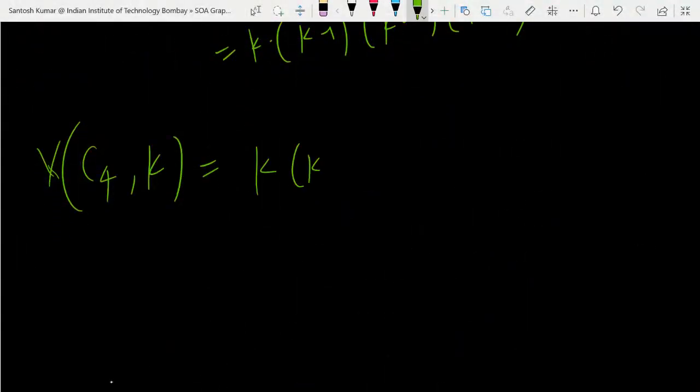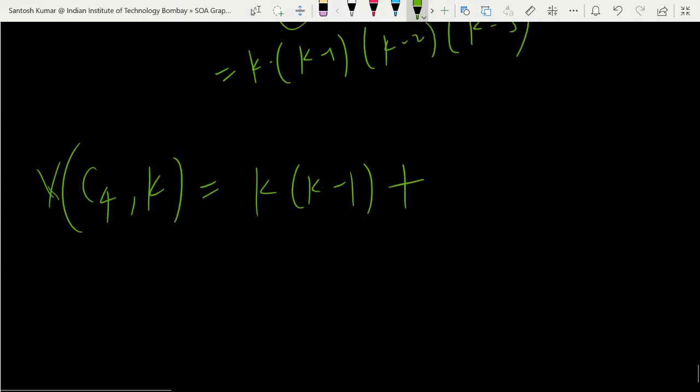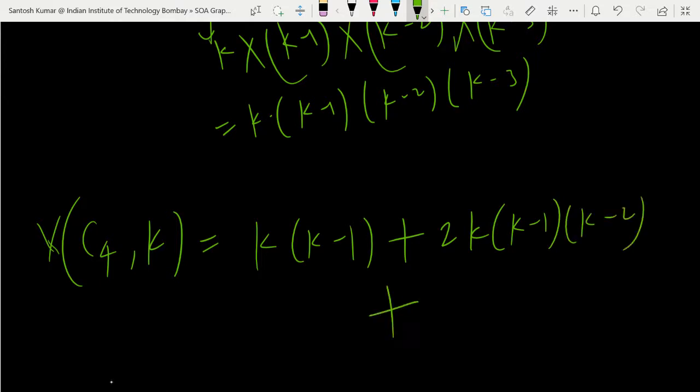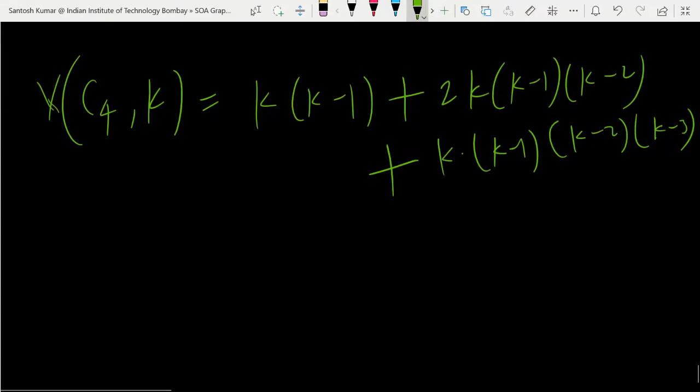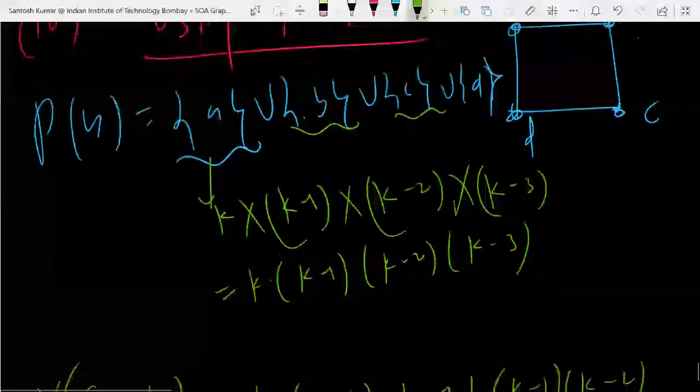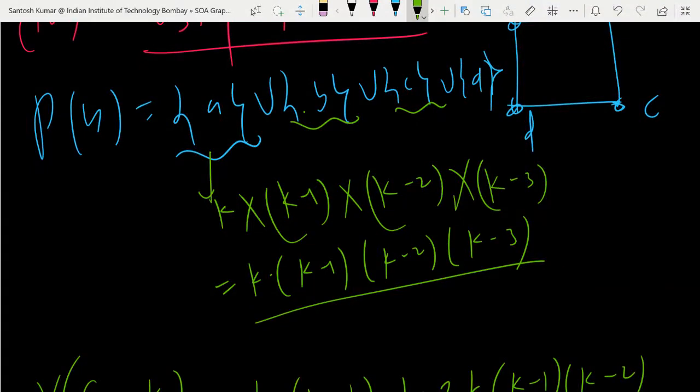Then using three colors it was 2 times K, K minus 1, K minus 2, plus using four colors it is K, K minus 1, K minus 2, and K minus 3.